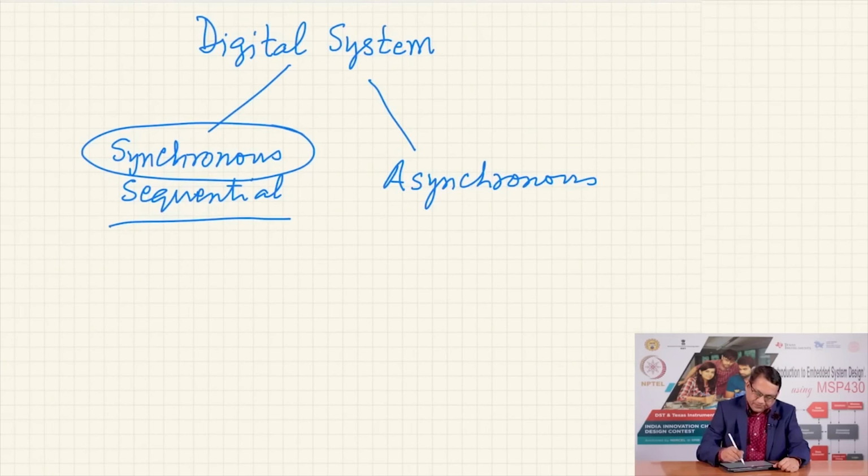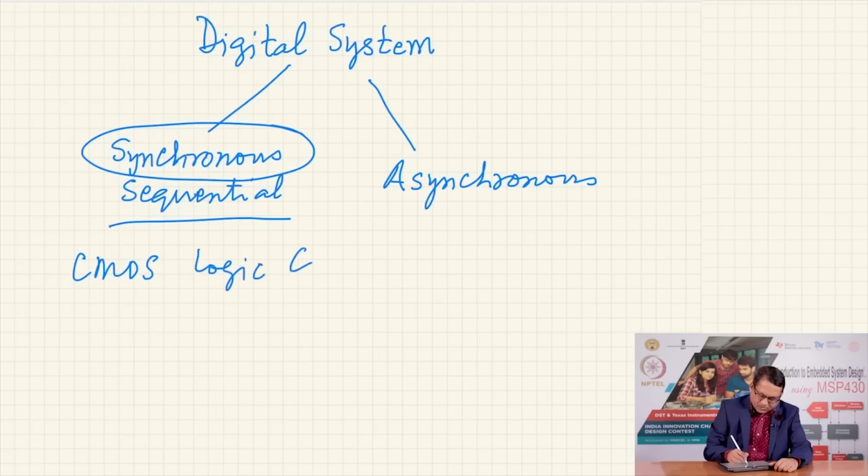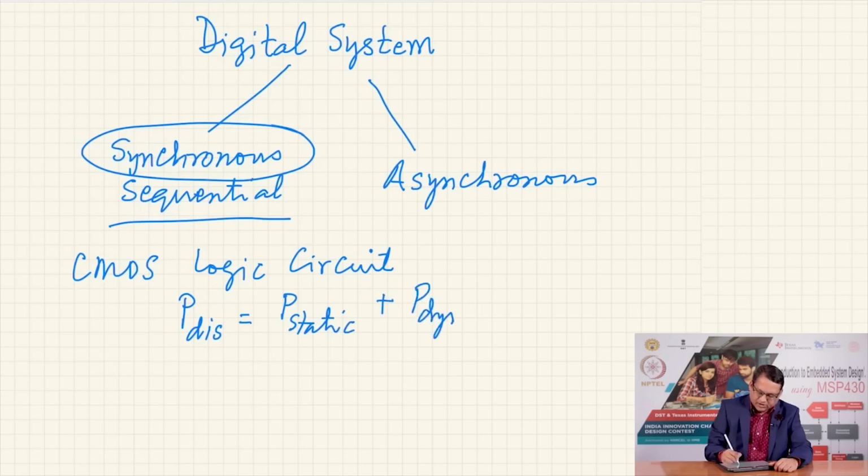Because in a CMOS logic circuit, the power dissipation consists of two parts, the static power dissipation plus the dynamic power dissipation.